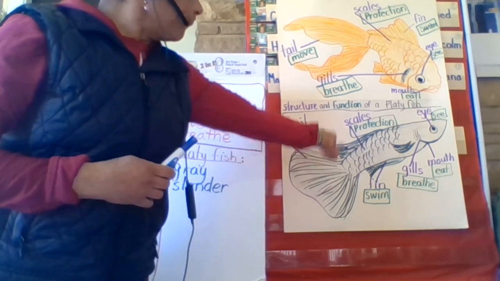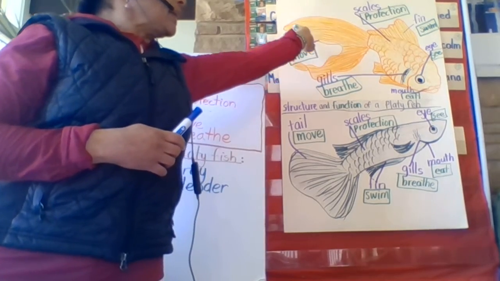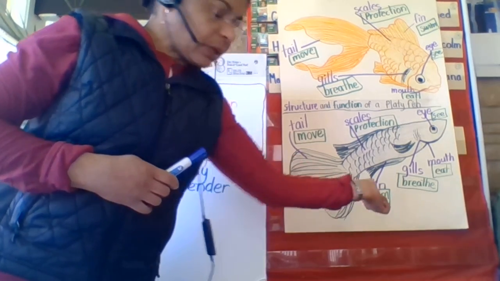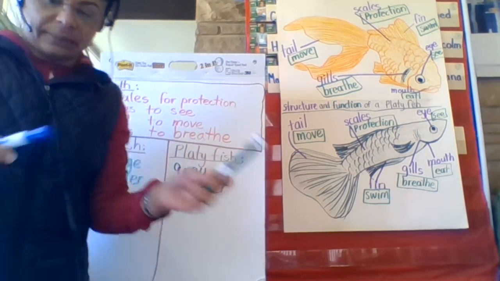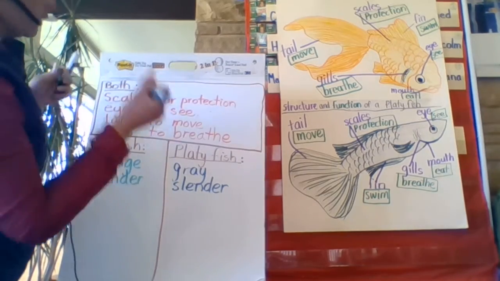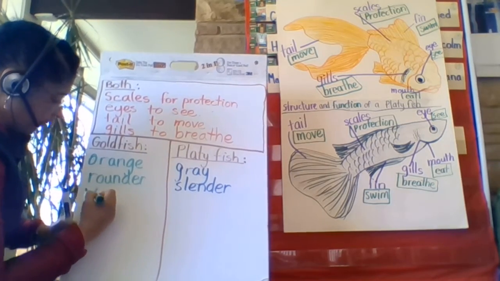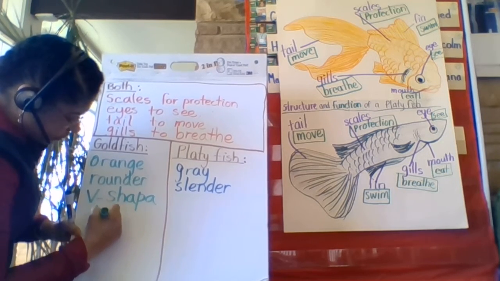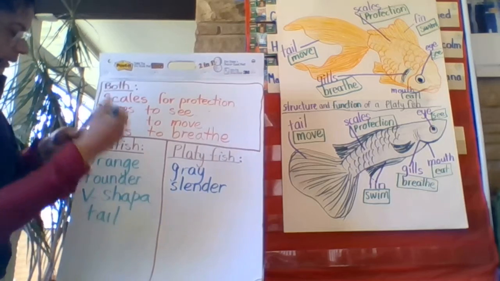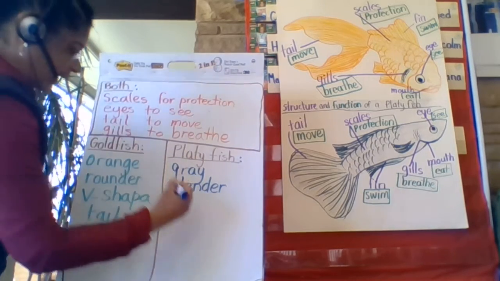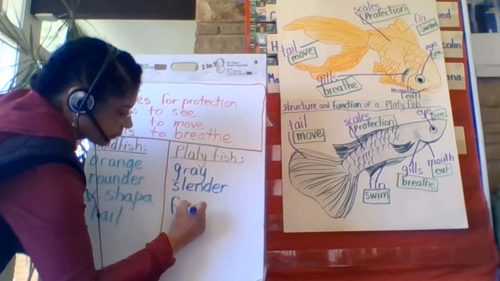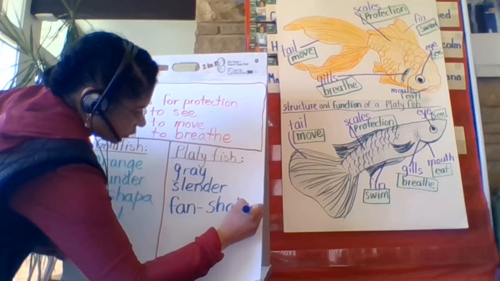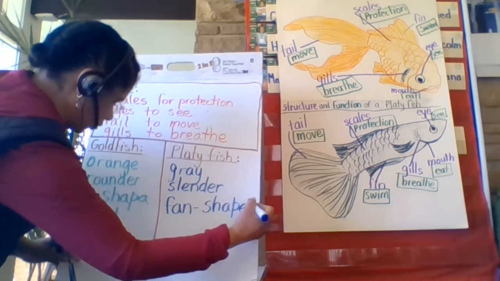This one is shorter. This one is shaped like a V, and this one is shaped more like a fan. Okay, so I'm going to say V-shaped tail, and this one is a fan-shaped tail.